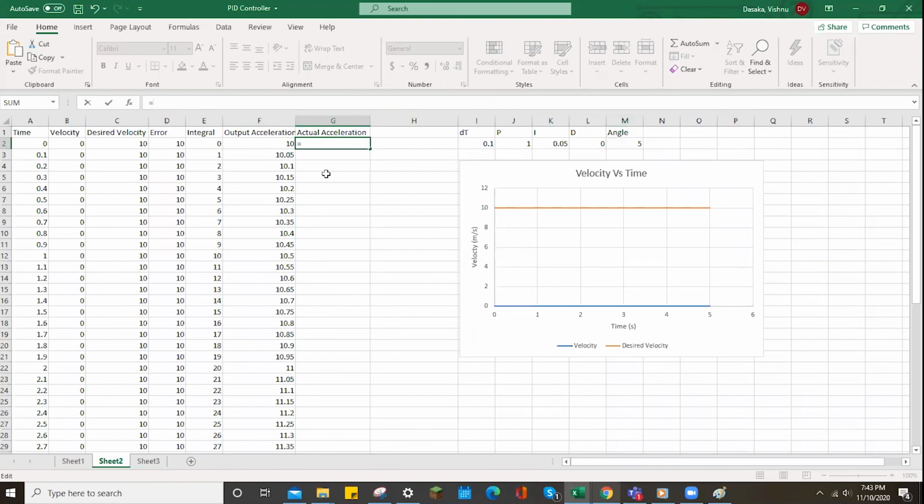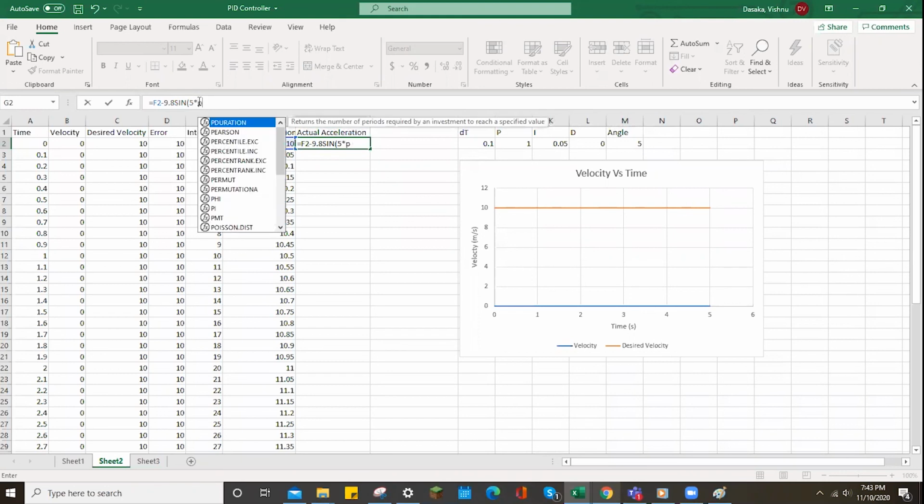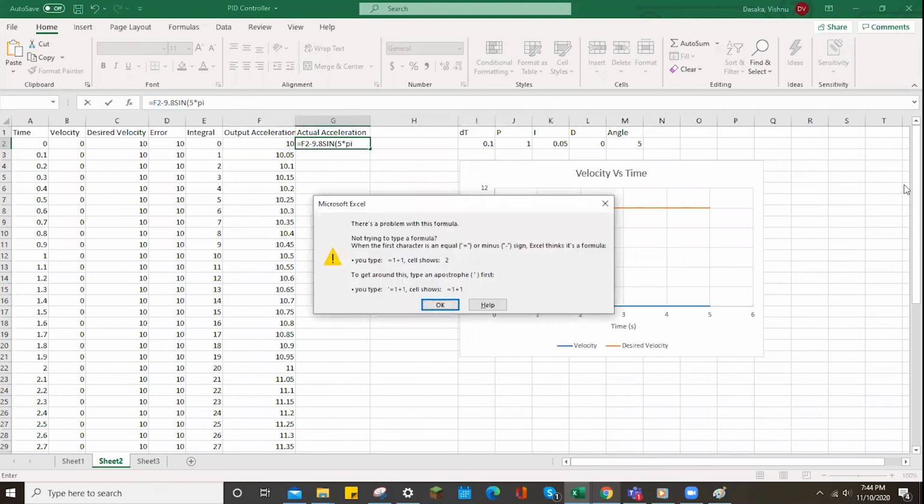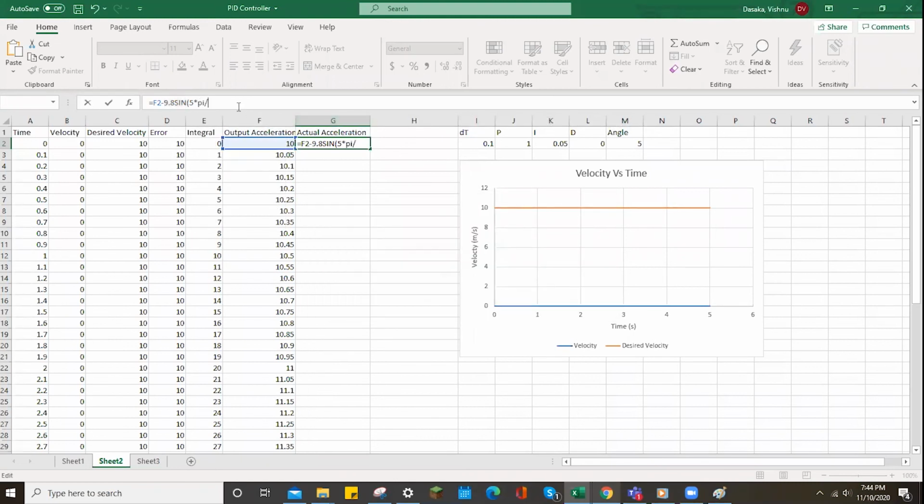When you introduce a constant grade, like a hill, you have the output acceleration minus 9.8, which is gravity, times sine of 5 times pi over 180, because Excel works in radians.